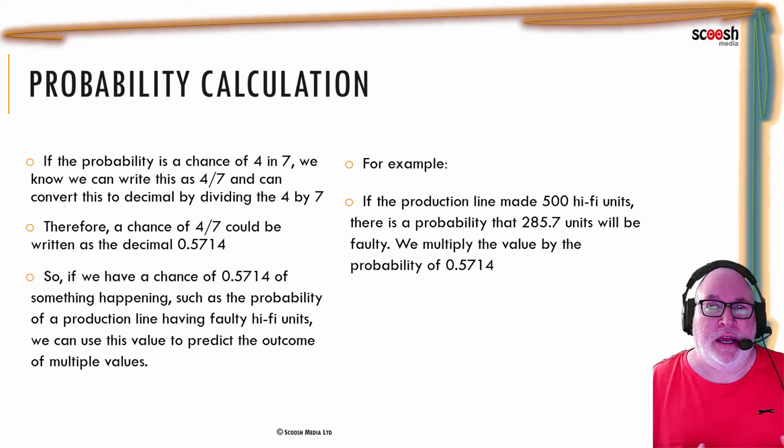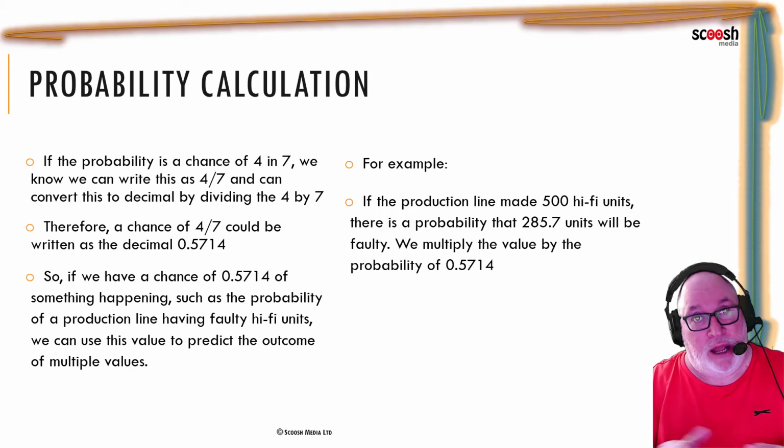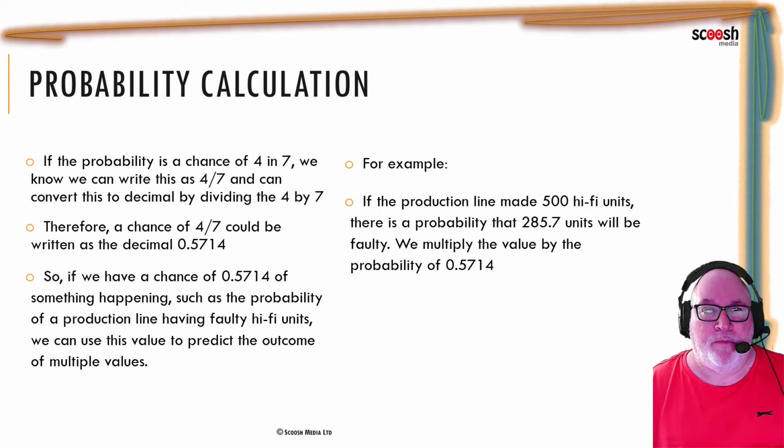So if the production line made 500 hi-fi units, and from the 0.5714, if we multiply that into the 500, then we get 285.7. So there's a probability that 285.7 units, now we could round that off as well, will be faulty. And obviously the rest wouldn't be, they would be fine. So that gives us an indication as to the what if.